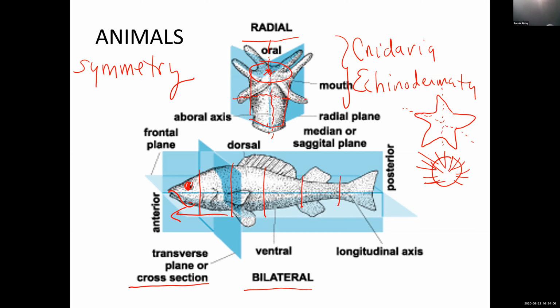Depending on the animal, we might also want to take a slice through it from the top, going the long ways. And that's going to slice in our fish right through the spine. So we'll sort of see the inside from the middle if we make that slice. And we call that a median or sagittal plane, but it's a longitudinal section. Now we don't use this other section very often, the frontal plane.